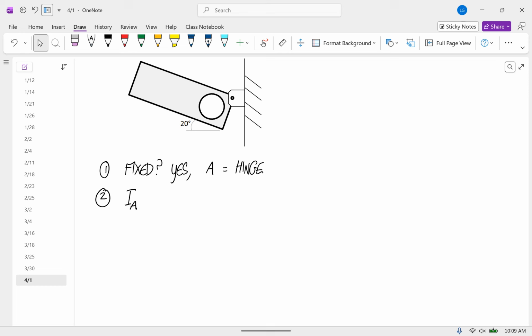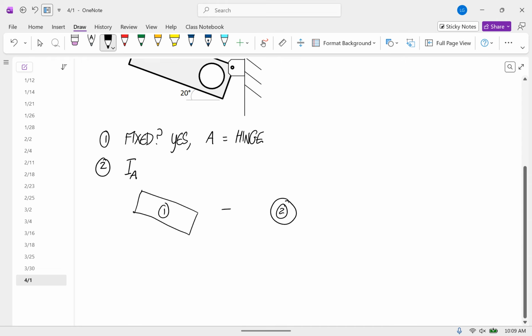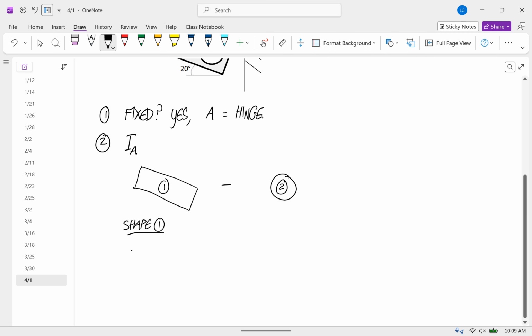Well, we can think of it as a rectangle minus a circle. Okay, so I'll think of this as shape 1, this is shape 2. And so for shape 1, the moment of inertia about A is the moment of inertia about the center of mass of the rectangle.